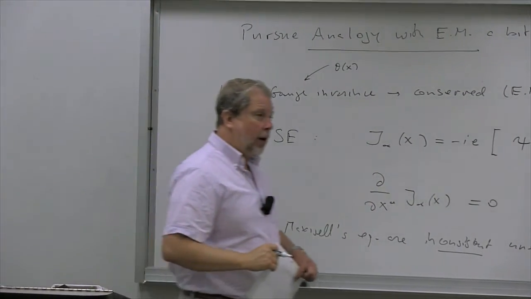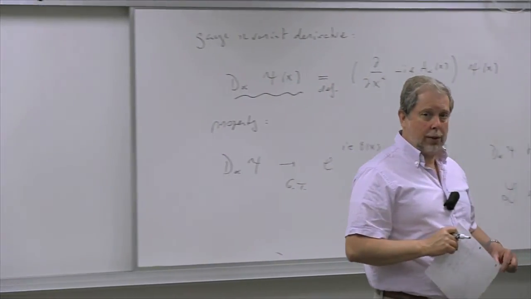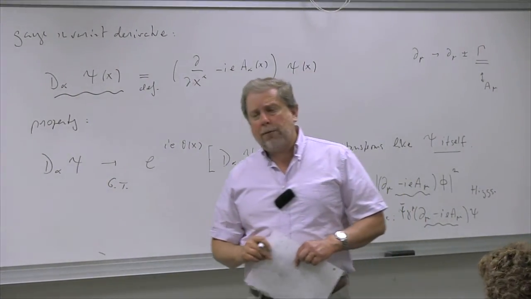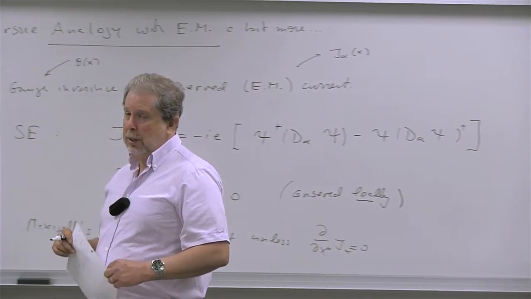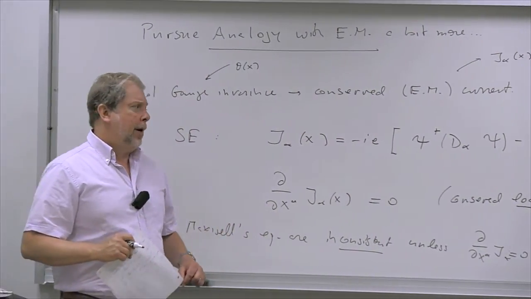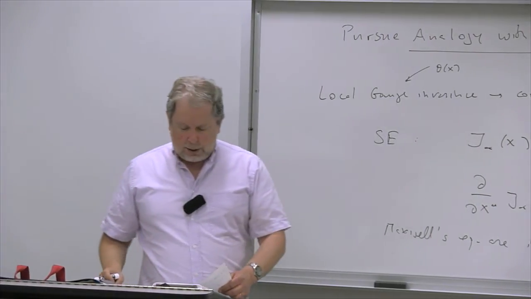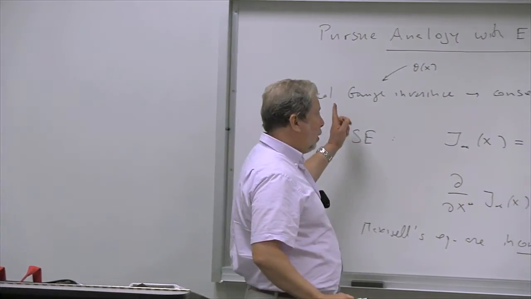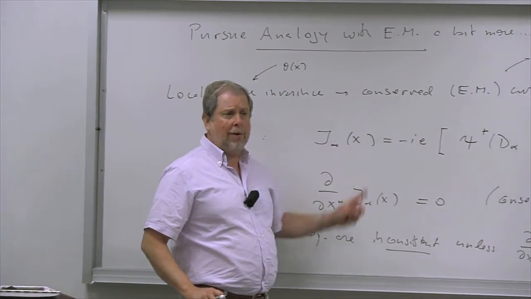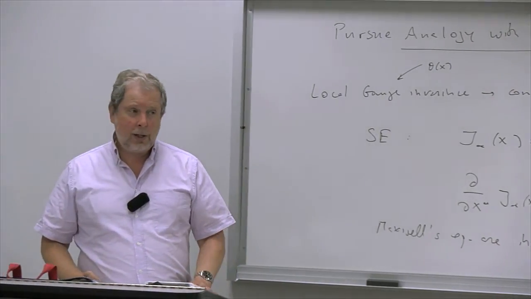You discover that already when you have your first course on electromagnetism. When you look at Maxwell's equations, you know that if the continuity equation is satisfied, then Maxwell's equations are consistent. Otherwise, they're not. So there is a sequence of relationships between these different statements having to do with local gauge invariance, current conservation, and the consistency of the field equations for electromagnetism, which are all tied together.